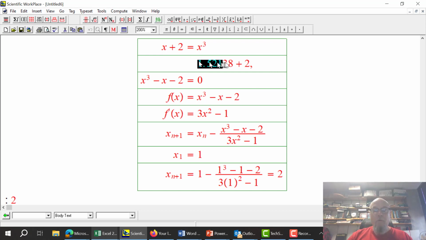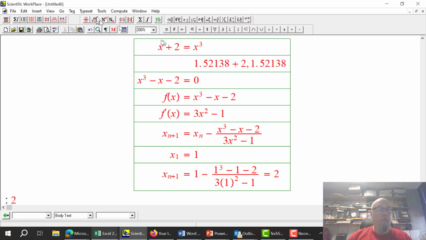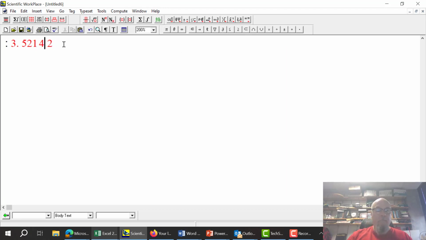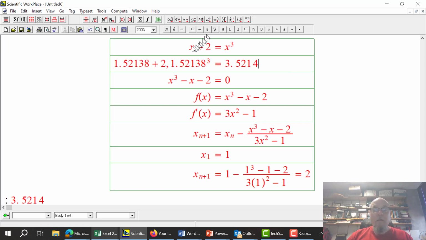And let's do this value cubed. Yeah, I'm getting 3.52. So if I plug in that 1.52 into this side, I get the same thing as I plug it in that side of the equation. I've solved the equation using Newton's method.